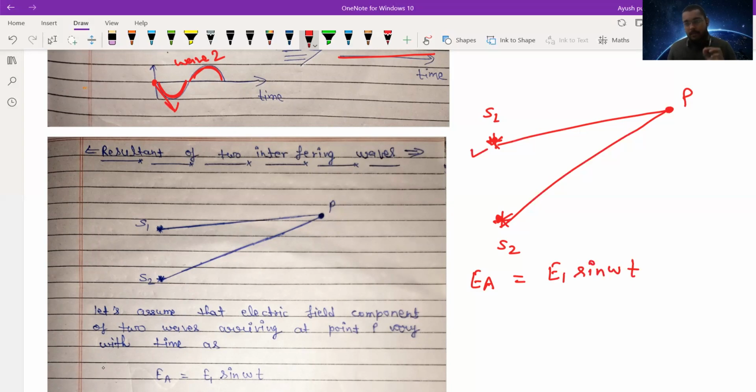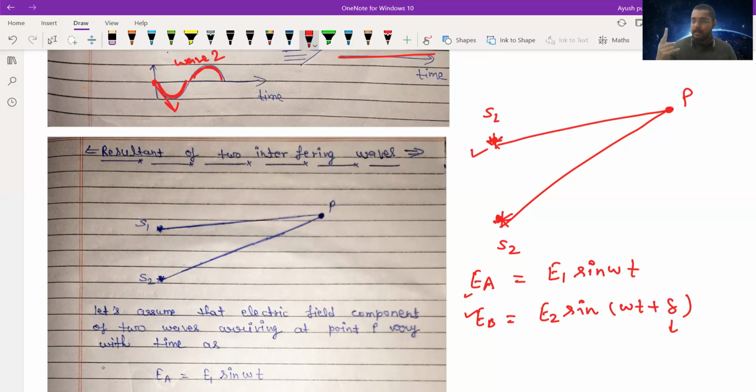Similarly, the light wave emitted from source 2 can be written as EB equal to E2 sine omega t plus delta. Now, this delta is the phase angle between wave A and wave B. I have taken this phase delta because we don't know the phase between these two waves, so I have taken an arbitrary phase, and the resultant wave will depend on this phase.